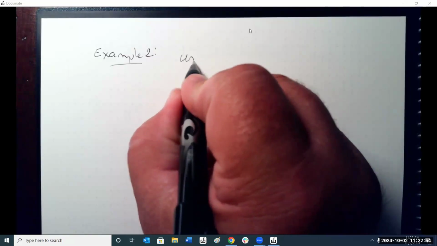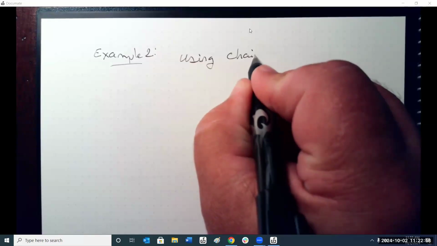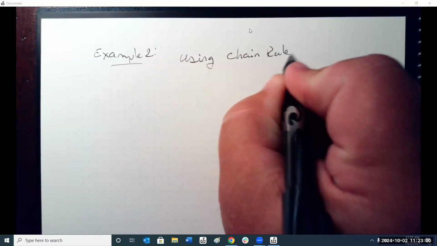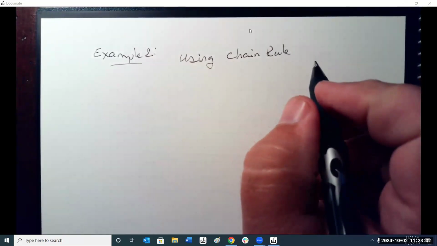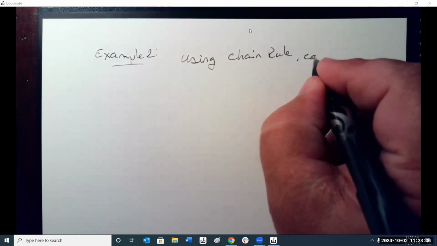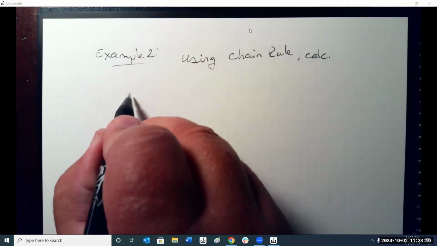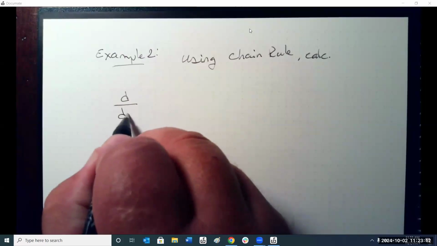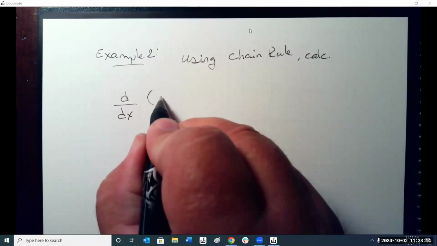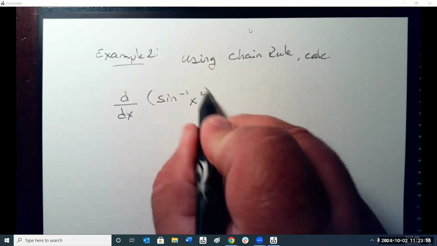Using the chain rule, we calculate the derivative d/dx of sine inverse of x squared.